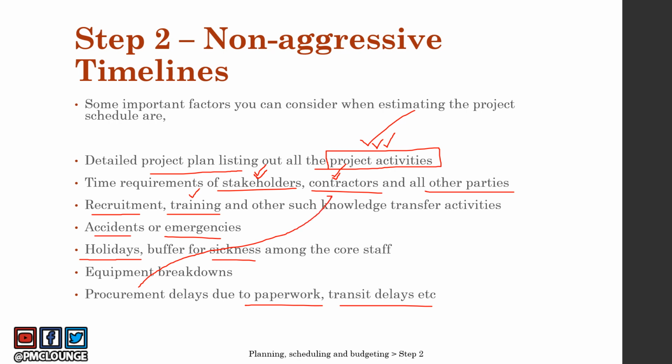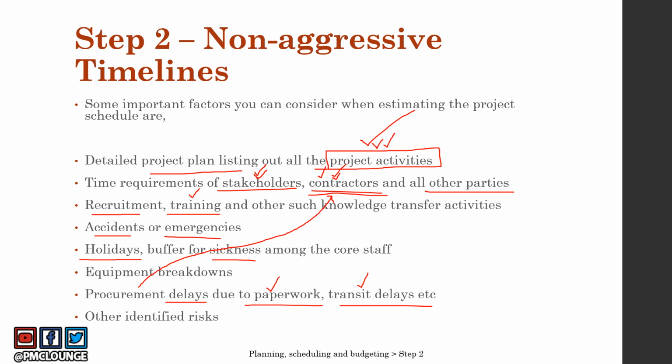You need to speak to them and come up with a project schedule, but then there could be delays which these people have no idea about, because there could be delay due to paperwork, there could be delay due to transit as well. Those are the things your contractors are not going to tell you about in advance because they would not know, but these are the things that you need to account for when you are coming up with your project schedule.